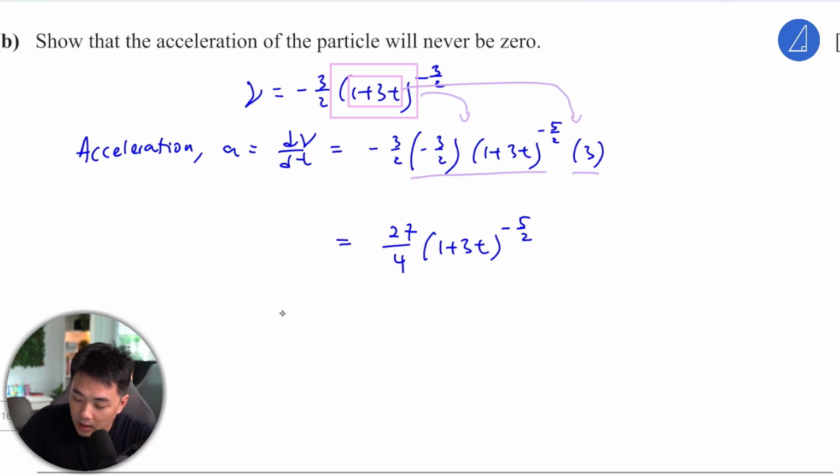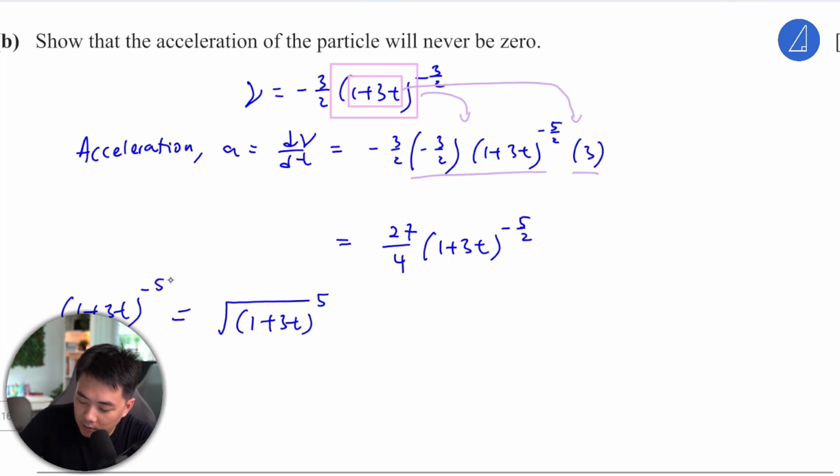So 1 plus 3t to the power negative 5 over 2 is actually 1 over the square root of 1 plus 3t, to the power 5.